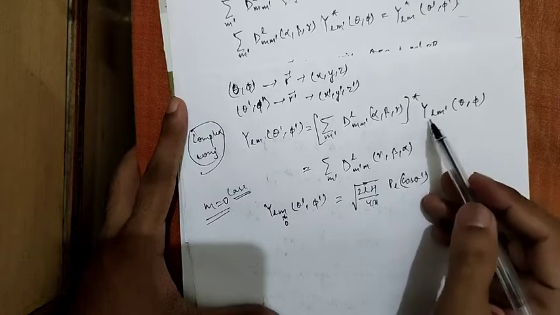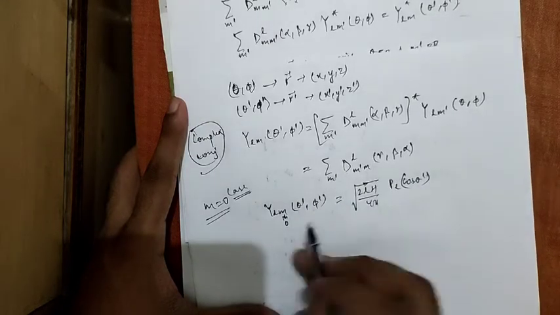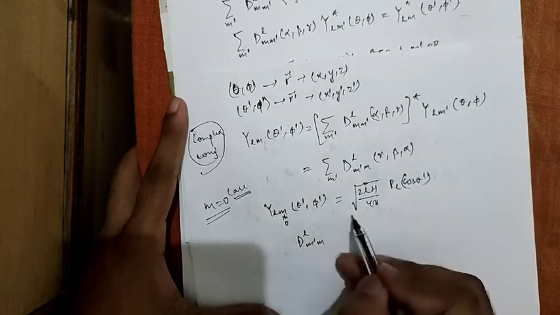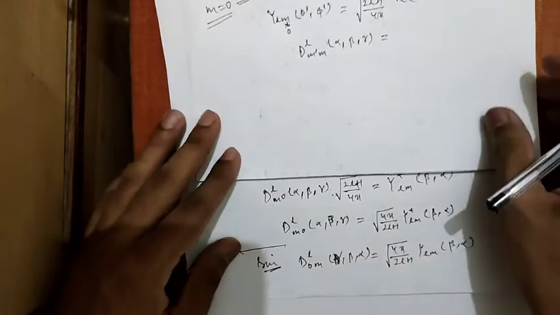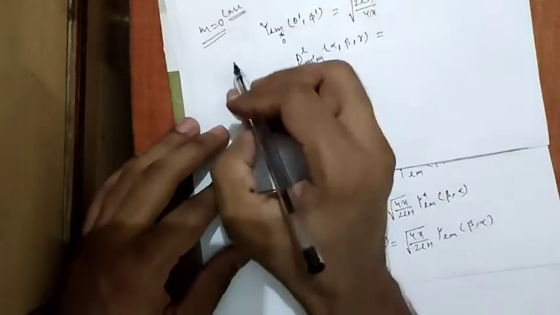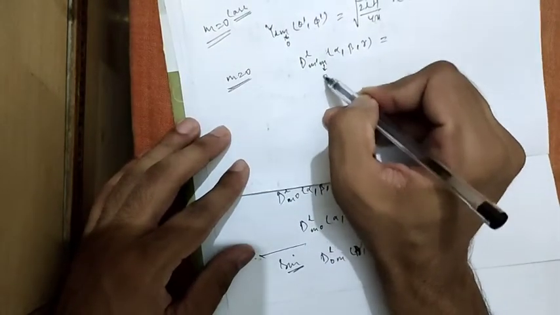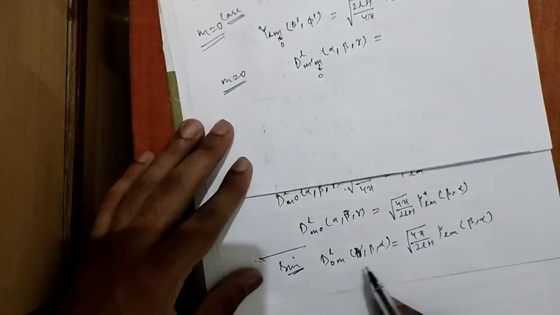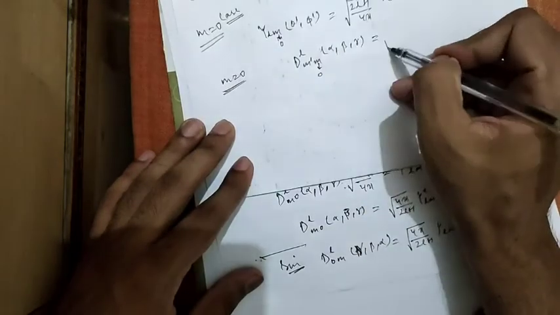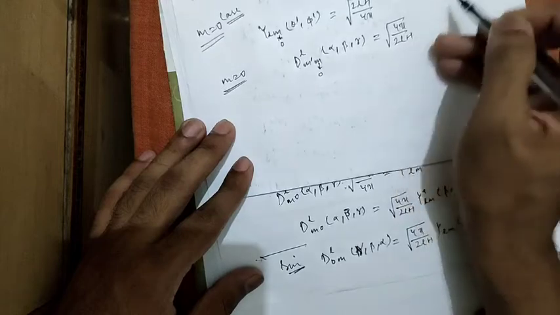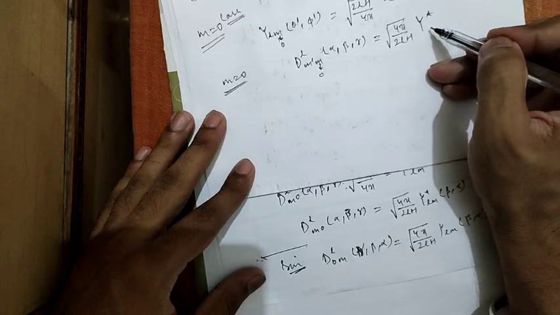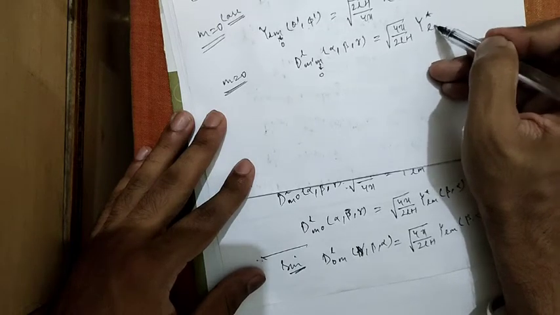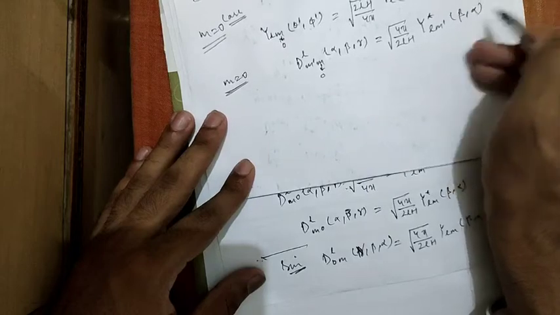And the value of D^l_{m dash m}(alpha, beta, gamma), we know that for m equal to 0, D^l_{m dash 0} equals 4 pi by (2l plus 1) Y*_{lm dash}(beta, alpha).